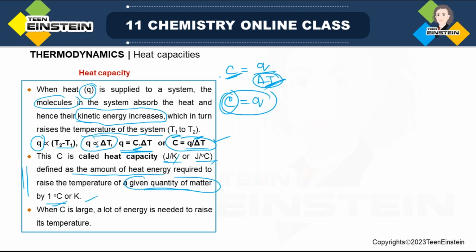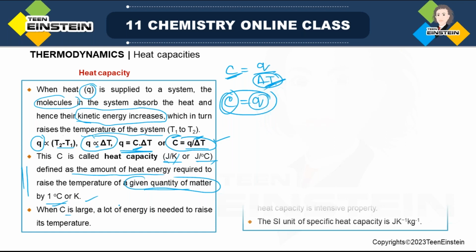So when C is large, a lot of energy is required to raise the same temperature difference. If you know the heat capacity of a particular substance, then you will be able to compare in which case you have to supply more energy for the same change of temperature. So this is all about heat capacity.